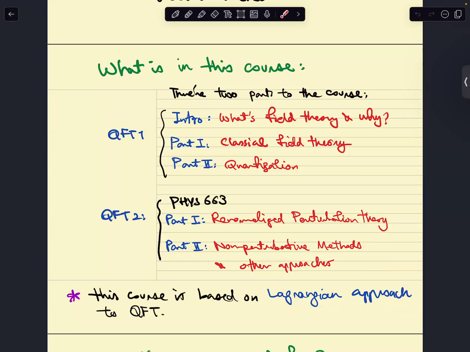This is as opposed to other approaches, for example, algebraic quantum field theory or constructive quantum field theory or conformal field theory, or the geometric approach to quantum field theory. So those are very different approaches. So this is the conventional approach, which is based on Lagrangians, actions, and Hamiltonians. Any other questions?